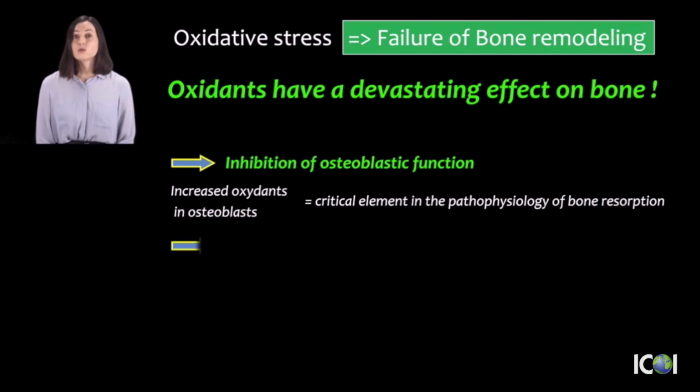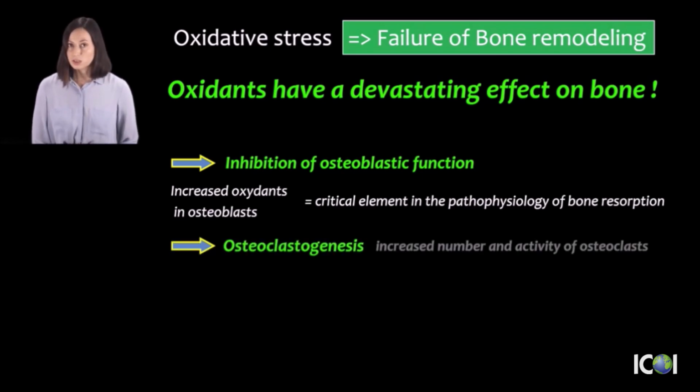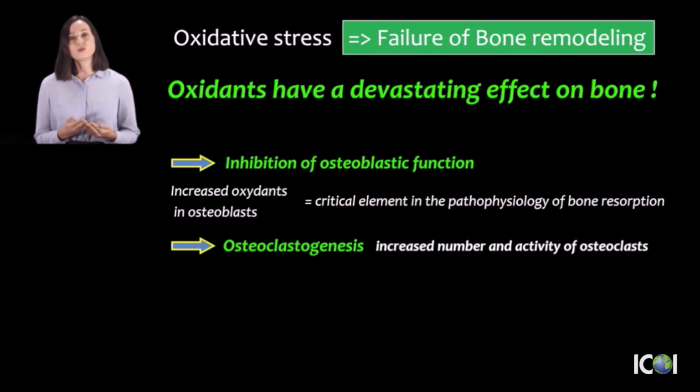And oxidants will also induce osteoclastogenesis. Now you understand that in oxidative stress, you inhibit the osteoblastic function and you increase osteoclastogenesis. And this is why the bone resorbs.